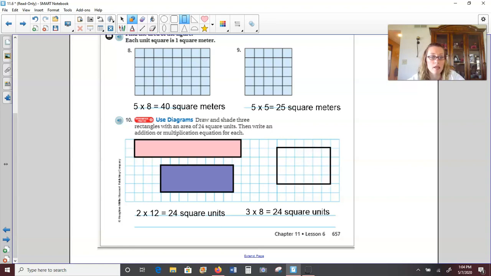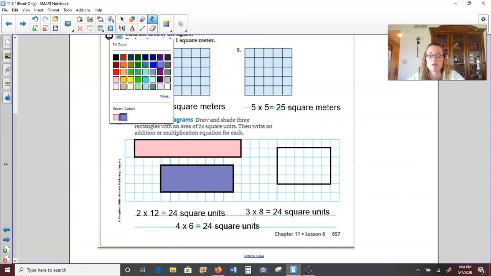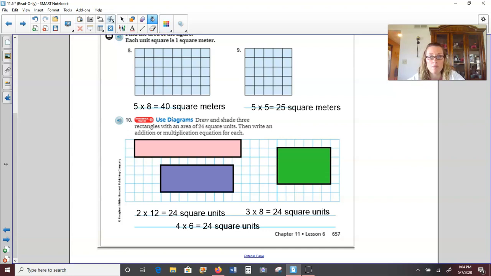How about 4 times 6? Yeah, 4 times 6 is 24. So I could do a rectangle that has 4 rows times 6 in each, and that equals, again, 24 square units. So let me fill this in. Let's go with this green over here.